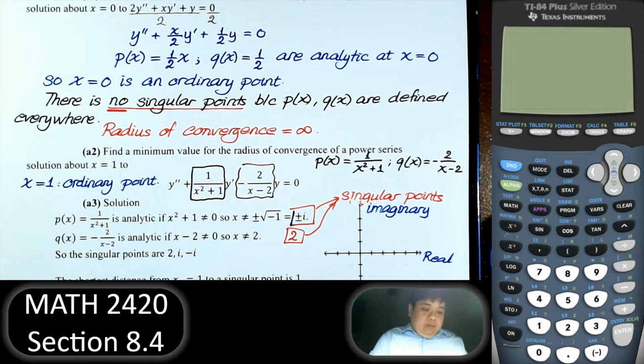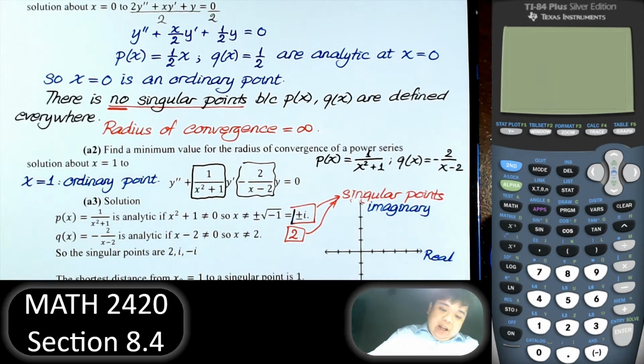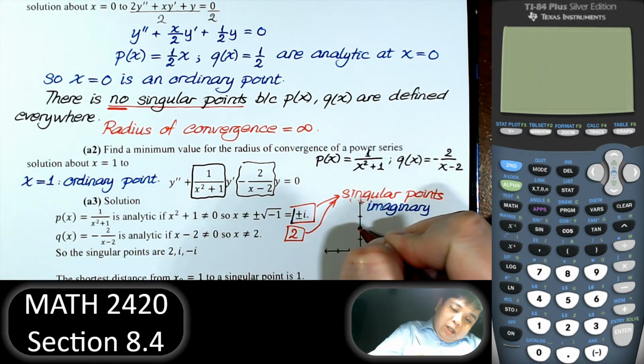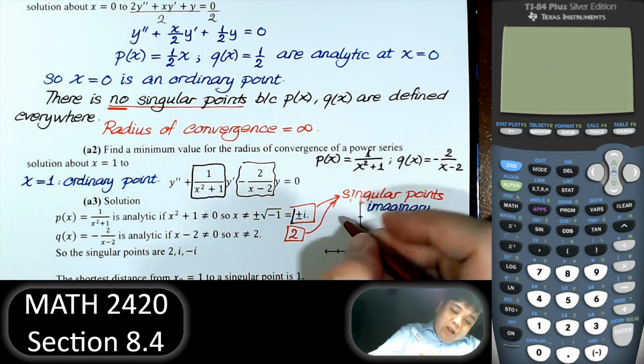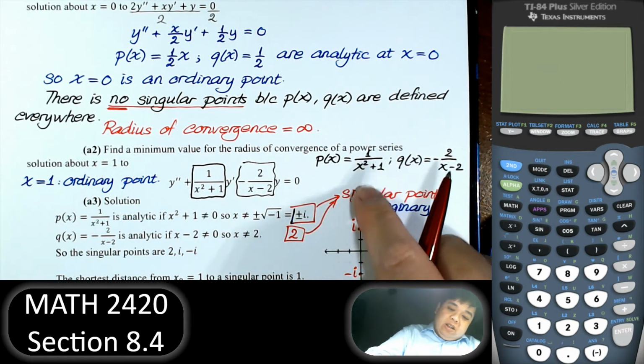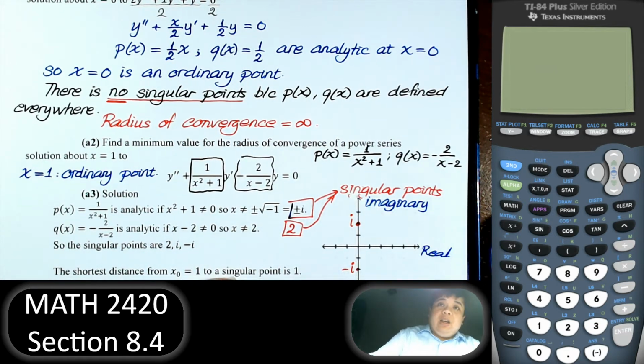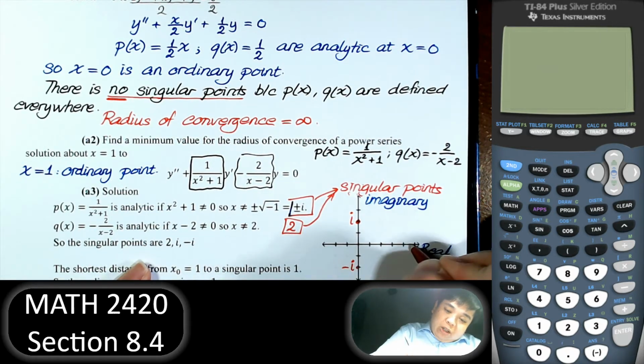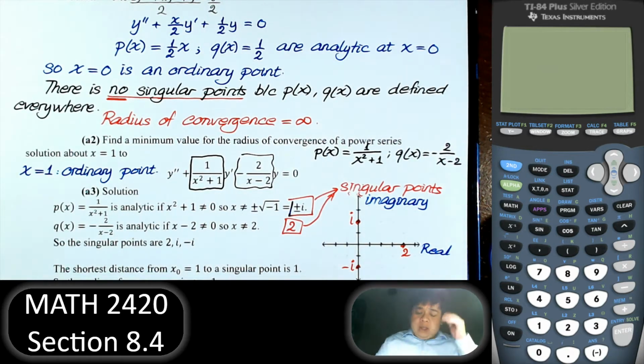So we have singular points at i and negative i, so this will be 1, but it is imaginary, so i there, and negative 1 will be negative i. And then a singular point at 2, so 1, 2. Those are the singular points.